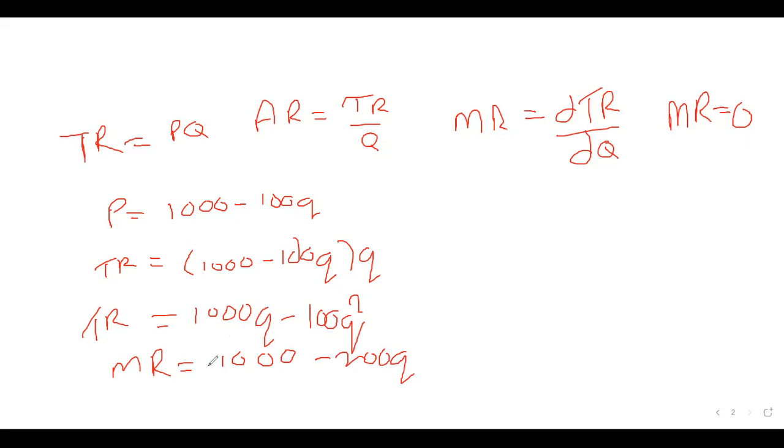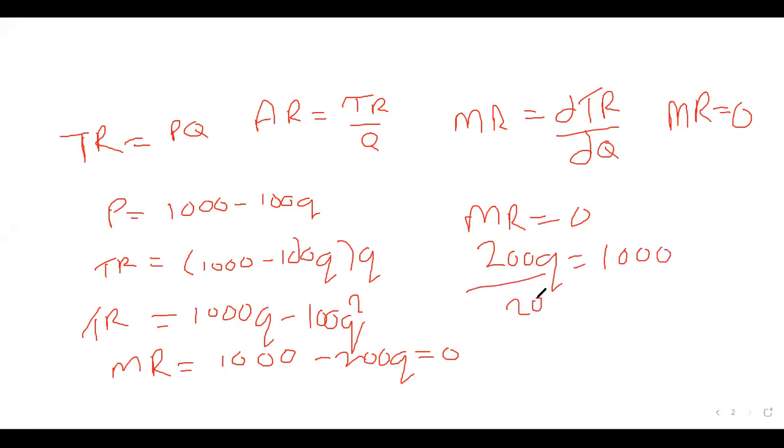Then to maximize our revenue, we know that our marginal revenue must be equal to 0. So we equate this: when this 200Q goes to this side, it will be positive, 200Q. Then when the 1000 goes to the other side, it will be positive. So this one will come this side and the 1000 will remain. We divide both sides by 200.